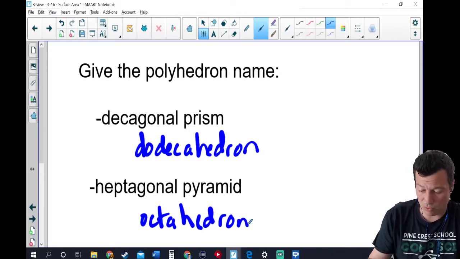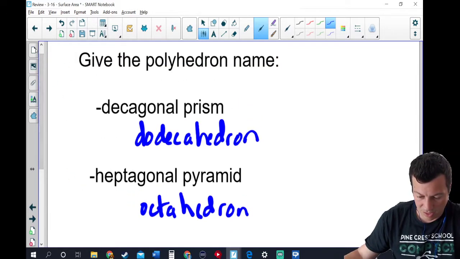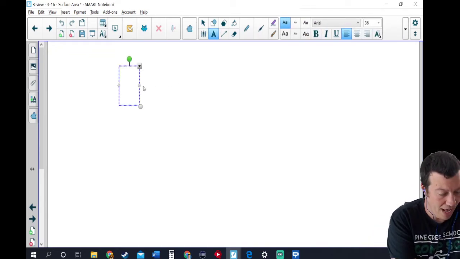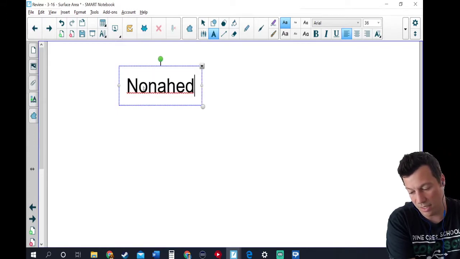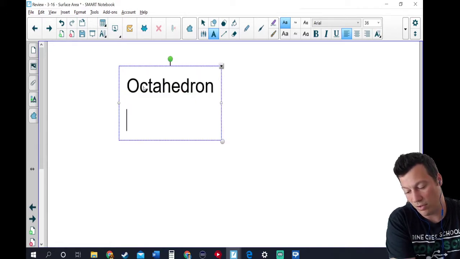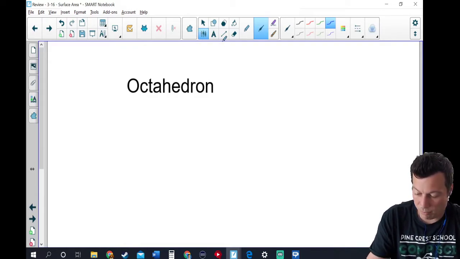So if I said, all right, let's do another page here. If you were given an octahedron, right? And I said, well, what prism would that be?